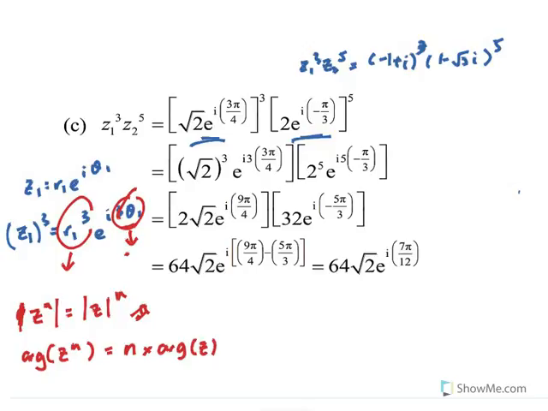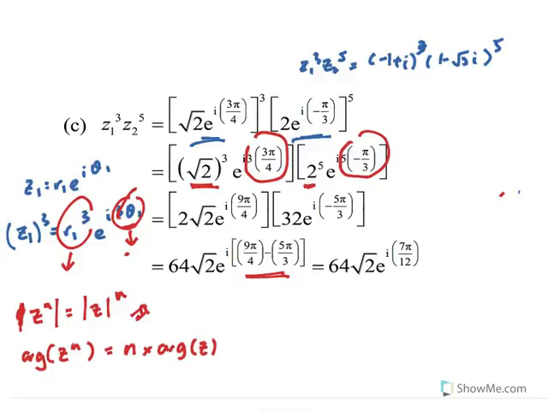And from here, basically we just combine the two, like two friends. One is your modulus, one is your argument. You cannot forget these two friends. Then you sum up the arguments, I add them together.